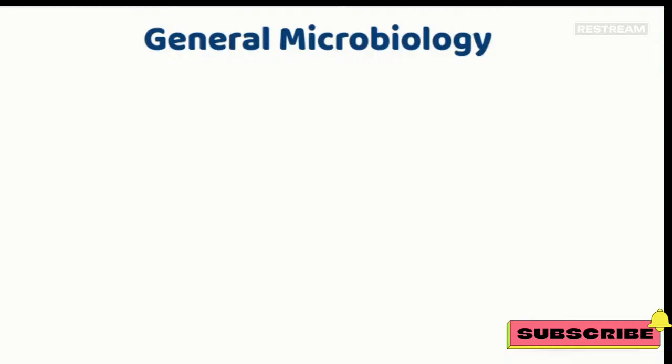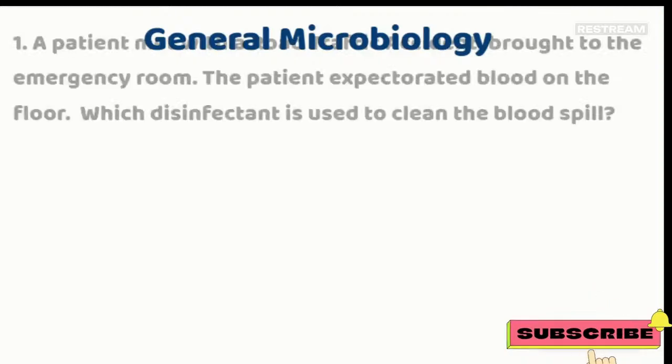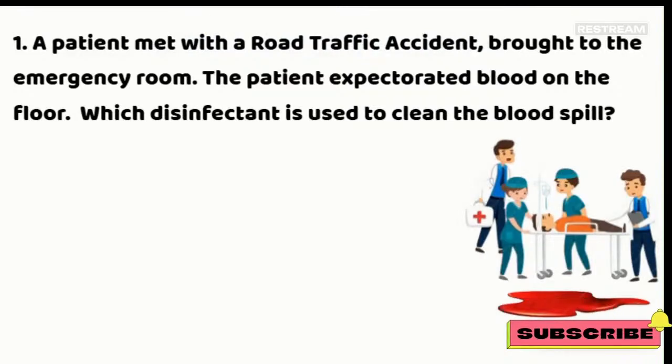Let's begin with a question from General Microbiology. In General Microbiology, many questions focus on the sterilization topic and blood spill management. For example, let's look at this MCQ question. A patient was involved in a road traffic accident and was brought to the emergency room. The patient expectorated blood onto the floor. So which disinfectant should be used to clean the blood spill?